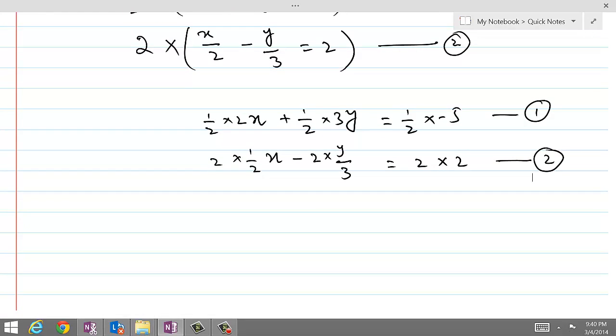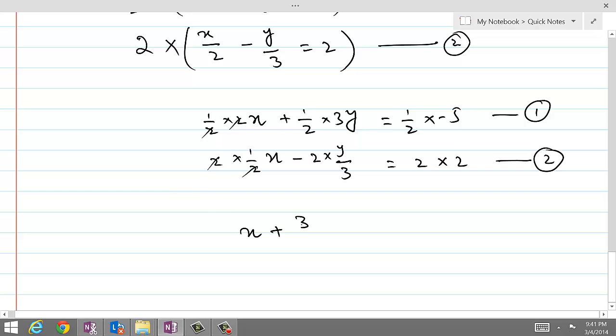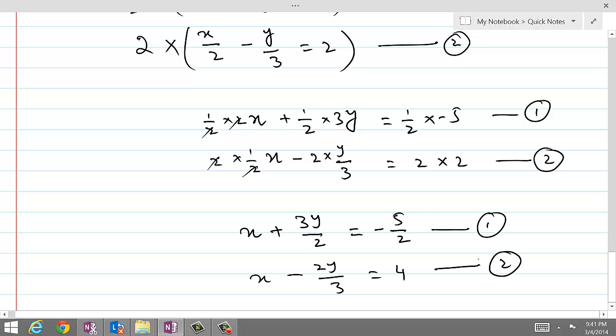We are maintaining the order here, and this 2 is gone with this 2. What we have here is x plus 3y over 2 equal to minus 5 over 2. And for the second equation, we have x minus 2y over 3 equal to 4. This is still equation number 1 and this is equation number 2.